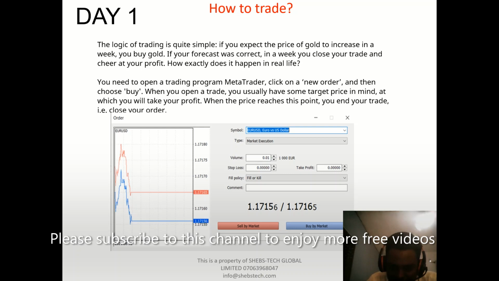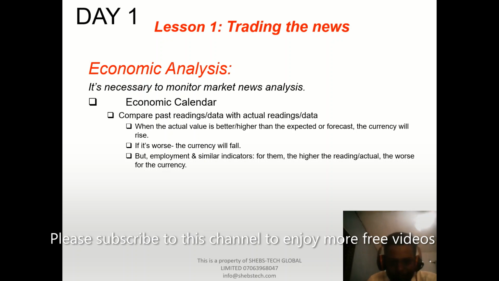You set your lot size as 0.1, 0.2, 0.3 or 1. Then here you enter the price, if it's the current market price. Then you enter your take profit here, and at this point you enter your stop loss. Then you click buy. That's how you buy.